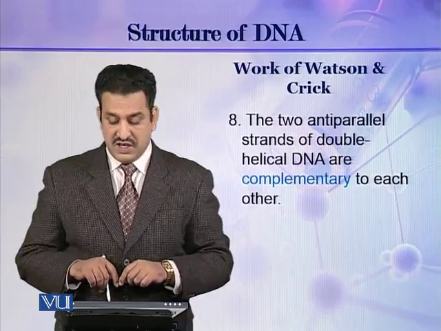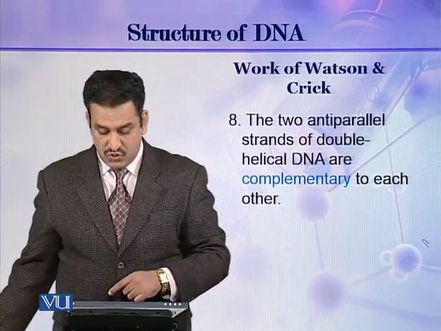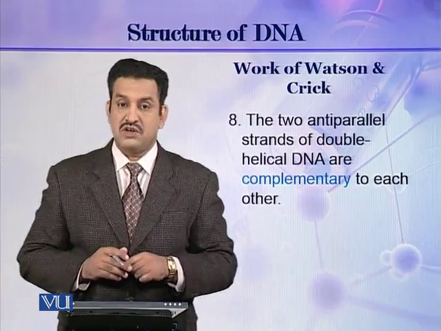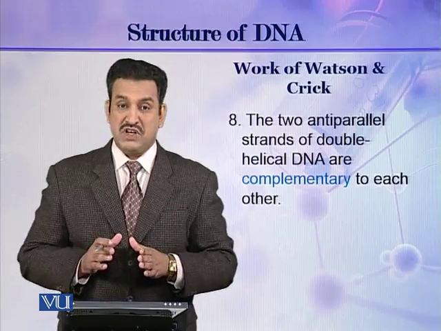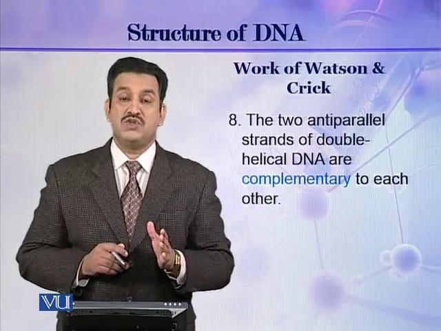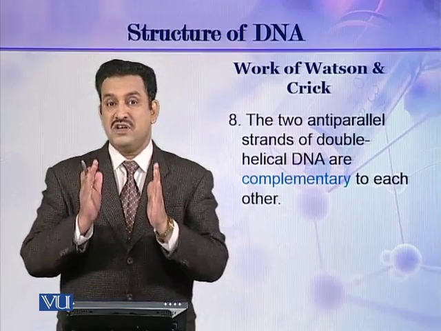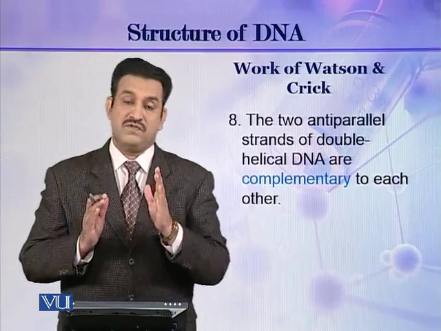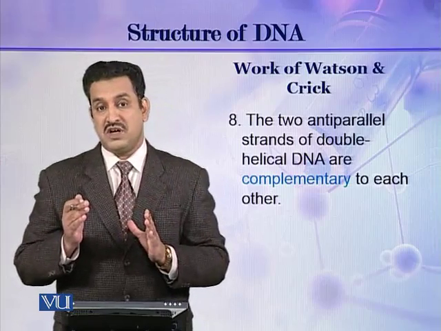Finally, they also described that the two antiparallel strands are complementary to each other. This means if A is present in one strand, T will be present in the other strand. And if G is present in one strand, C will be present in the other strand.